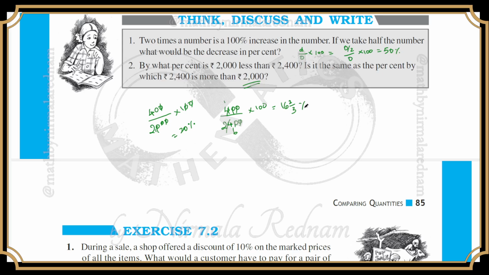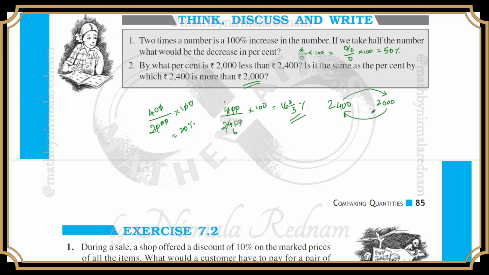Okay, so here you can see that I have the same numbers, but when I'm going in this direction, decrease in the number in terms of percentage is given as 16 2 by 3%. But if I am starting from 2000, I'm going to say there is a 20% increase in the number.